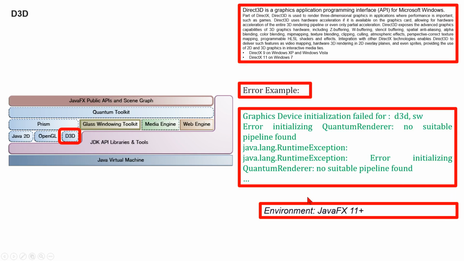As an error example, we can consider this error message occurring in an environment with JavaFX 11 or higher. Graphics device initialization failed for D3D, SW, error initializing quantum renderer, no suitable pipeline found, etc.